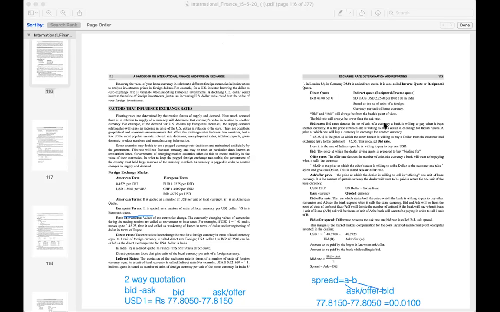Calculate the spread of. So can you calculate the spread here?